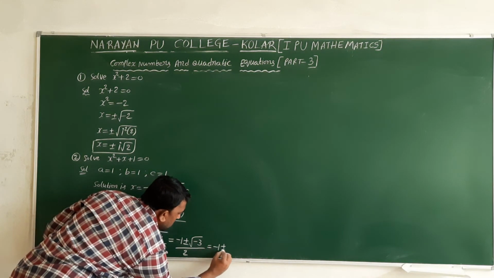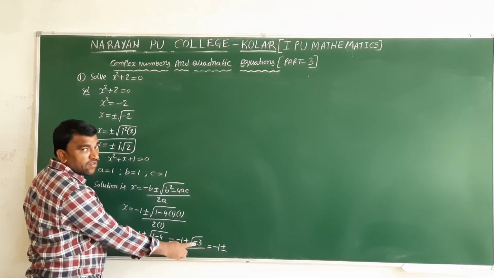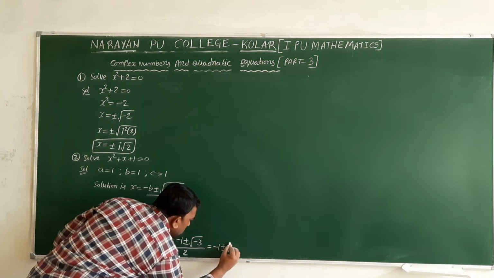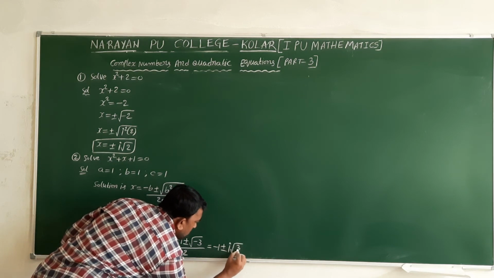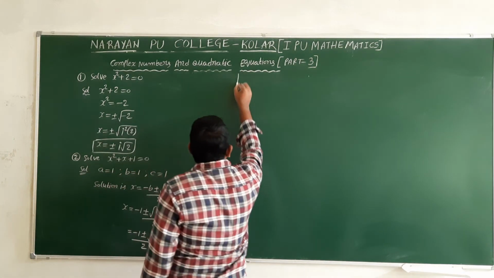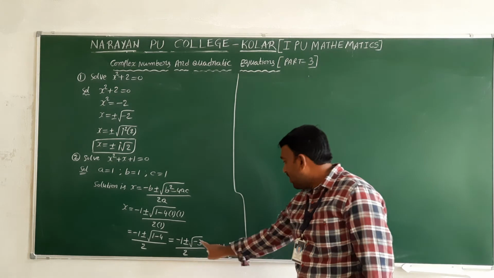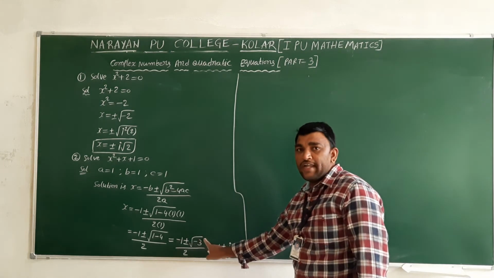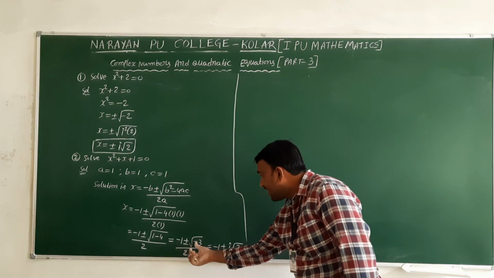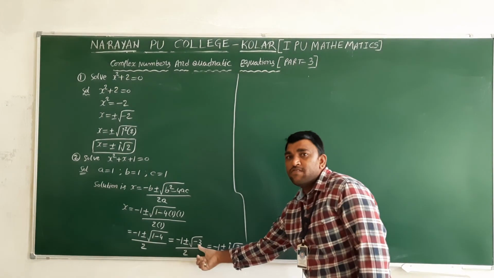Here, a simple thing: root minus we can write as i square, and if you take it out, i only. So directly you can remove the minus and write i root 3 by 2. If you have a doubt how we got i, you can write root 3 into i square. Some more steps will cause confusion, that's why directly remove the minus and write i into the given value.